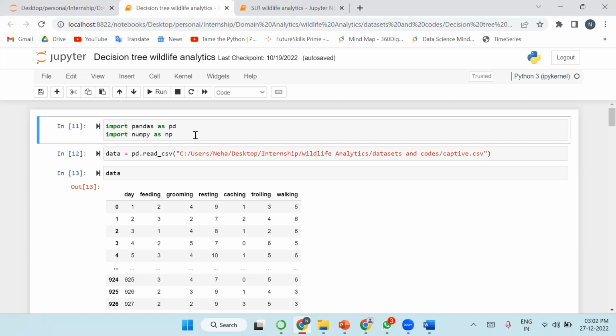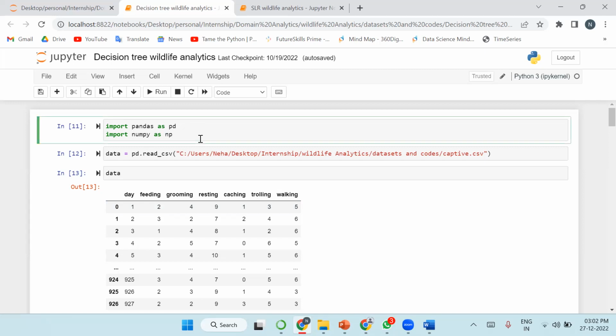They have captivated the animals in an enclosure, and the researchers have studied them. What the studies recorded is the day, their feeding habit, their grooming, their resting period, their cacking period, crawling period, and their walking period.